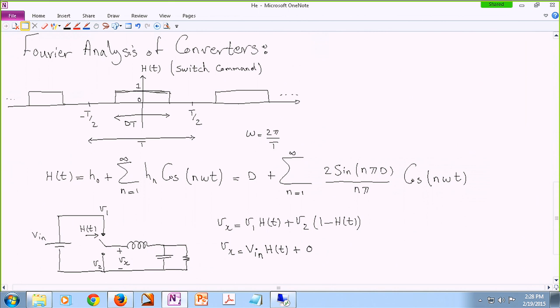All of a sudden, you can see that if I can describe my command to the switch in a Fourier series form, I can also describe Vx in a Fourier series form.